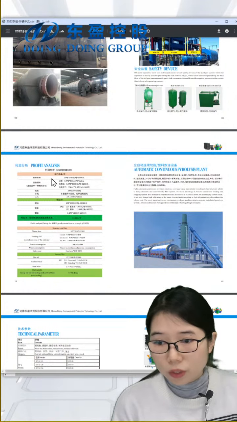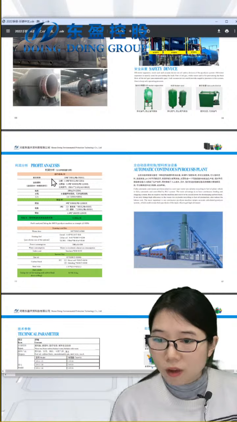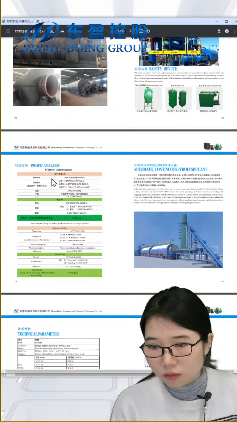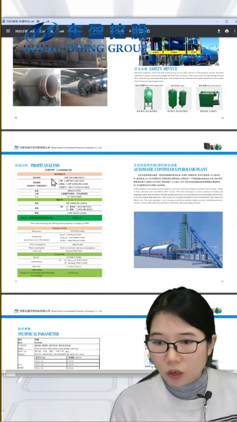So if we don't pre-treat the tires, if they contain steel wire, maybe it will get stuck during the running. So before we feed the tires, we need to pre-treat the tire into below 5 mm rubber powder. That will be better. This is our feeding size requirement. Hope you will know this.